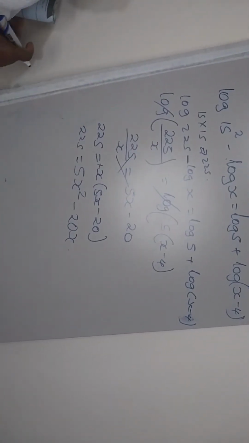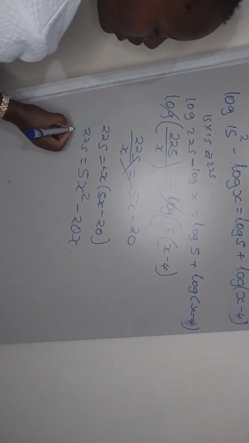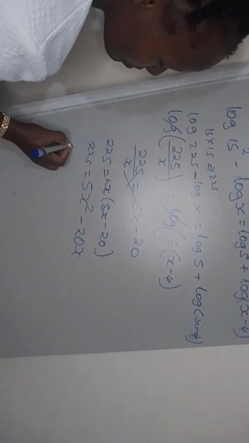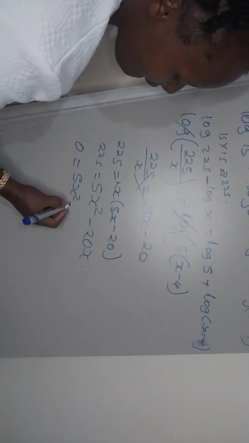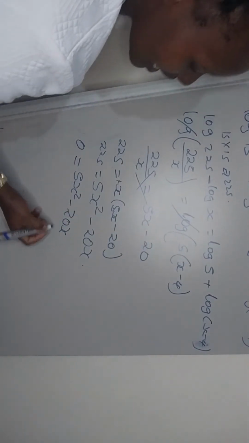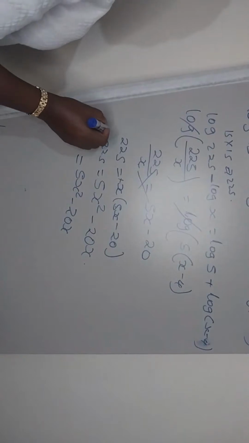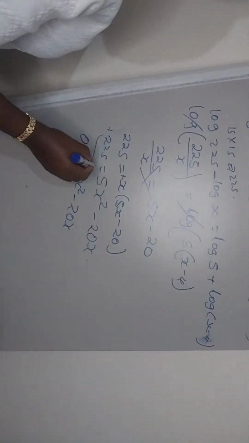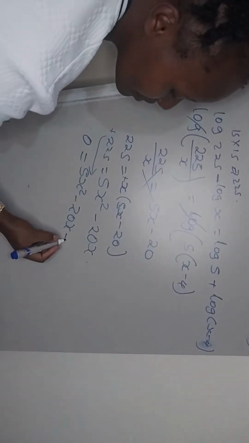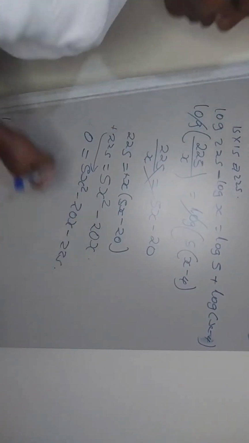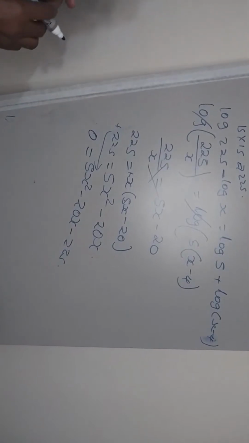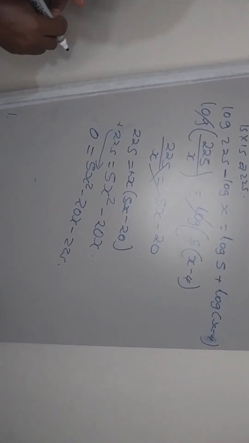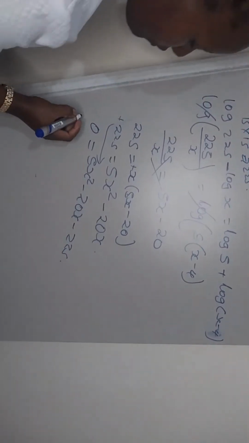Move this number to the other side so that we can generate a quadratic equation. After removing the 225 here, it will become 0 is equal to 5x squared minus 20x. A number without a sign is a positive number. Once this plus crosses the equal sign, it becomes a minus 225. As you can see, all these numbers before their unknowns are multiples of 5, so we can choose to divide everything by 5.